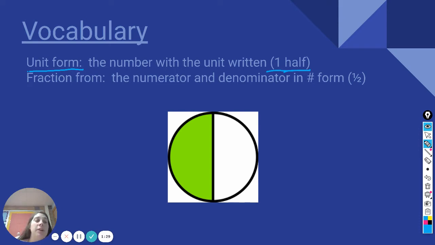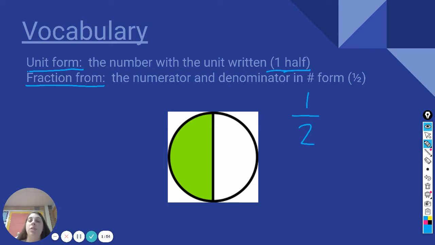The other vocabulary term is fraction form. Fraction form is the numerator and denominator. Remember, numerator is the top number, denominator is the bottom number. So the numerator and denominator in number form. Okay, so in this example here, we have 1 piece shaded out of 2 pieces altogether.